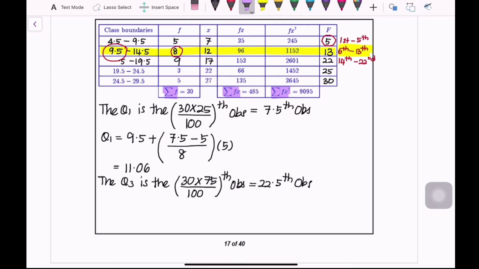The 22.5 observation is located on the class boundary 19.5 to 24.5.